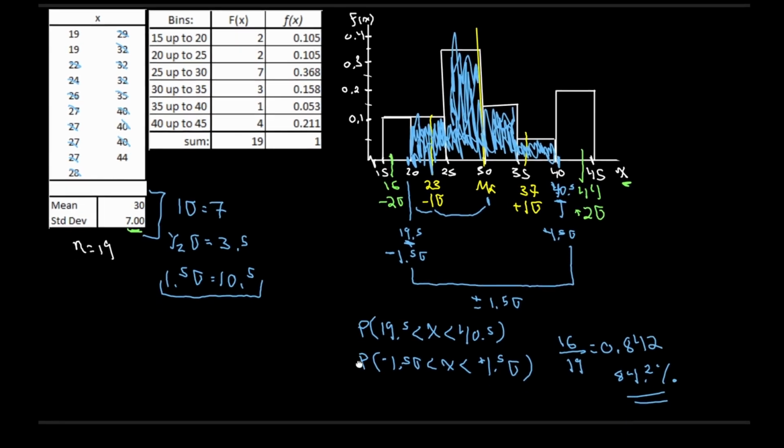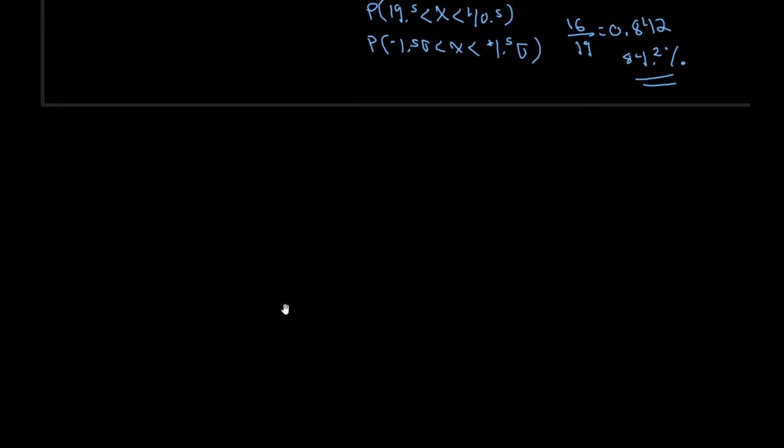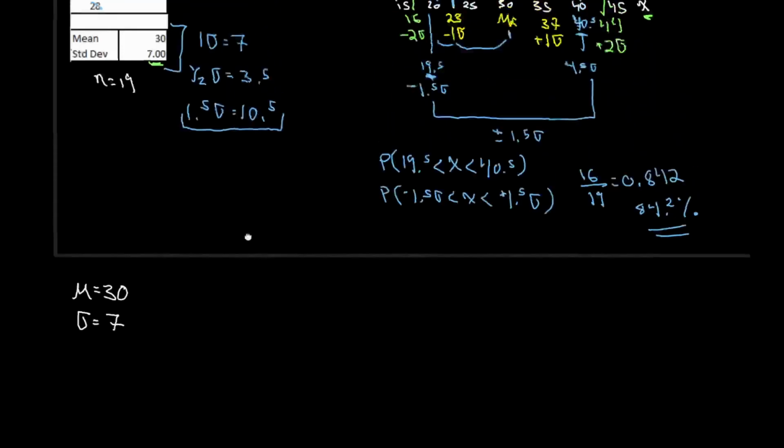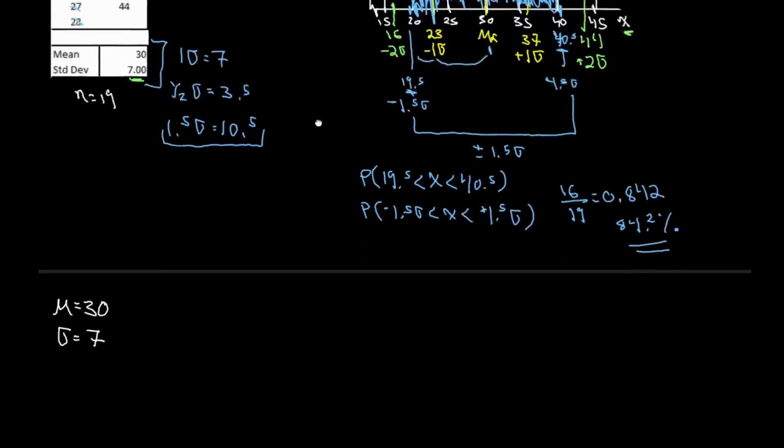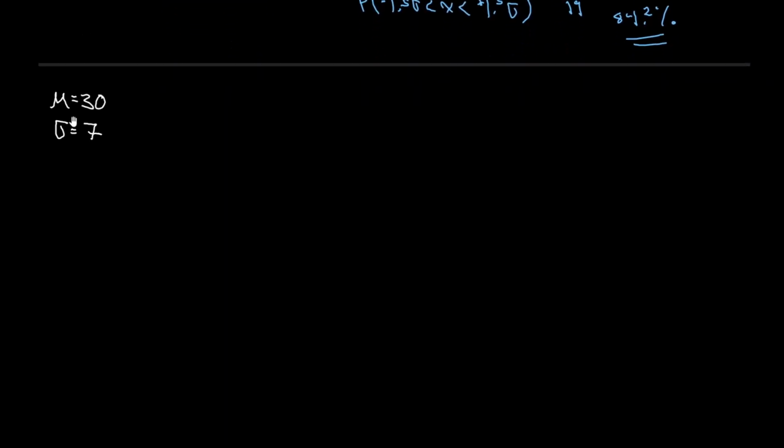All we have, let's just scroll down and do that again, is this statement that mu equals 30 and that our standard deviation is equal to 7. That's it. Now, we know that's because it comes from this, but right now we don't. Right now, all we have is this information. The rest of it is hidden, it is gone, it is out of our reach.